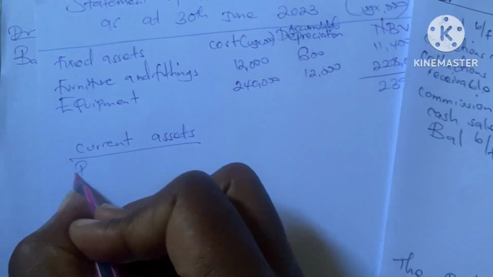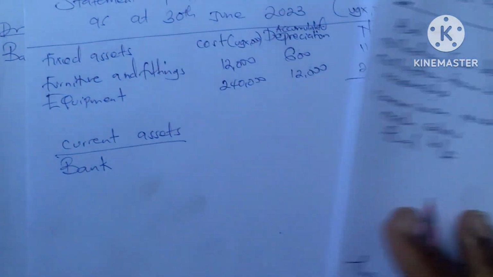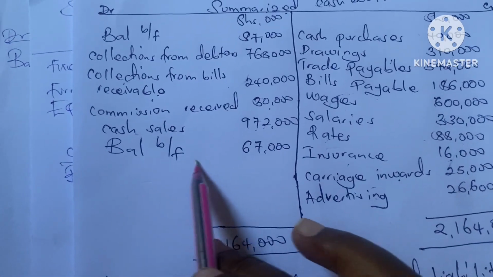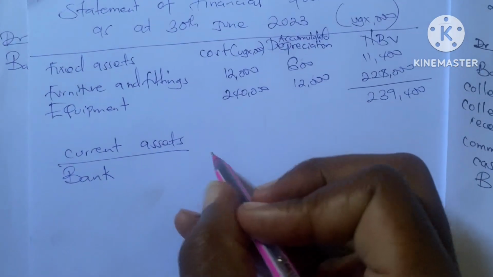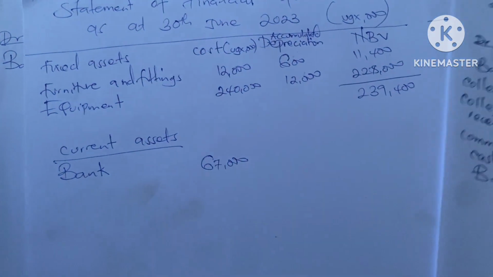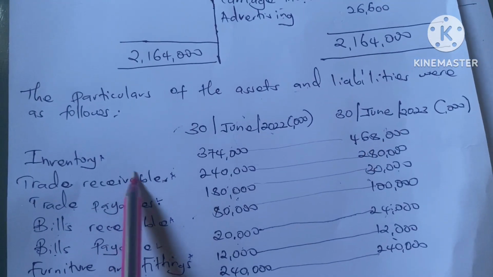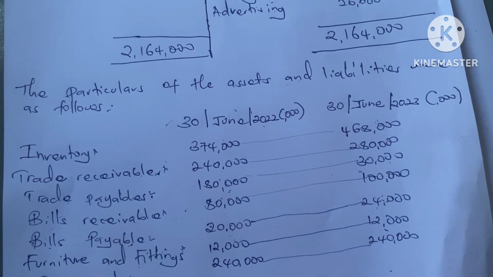So we write bank. Our closing balance was this, the balance brought forward or balance carried down, 67,000. Then we have trade receivables, but we only record the closing balances in the balance sheet.